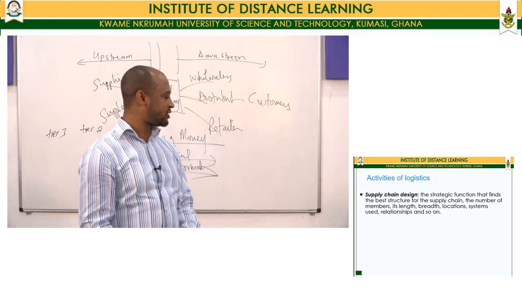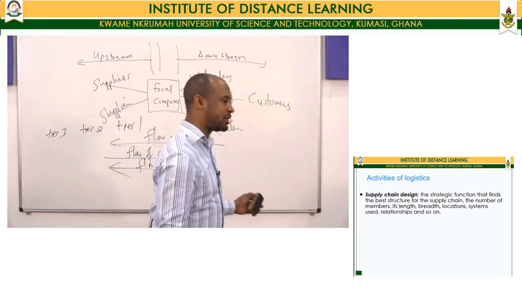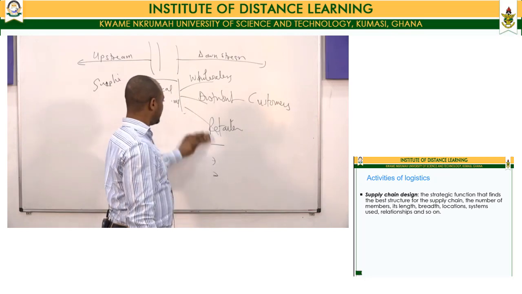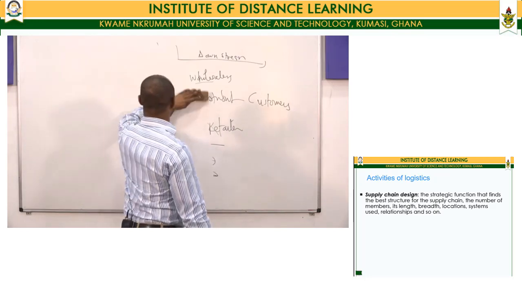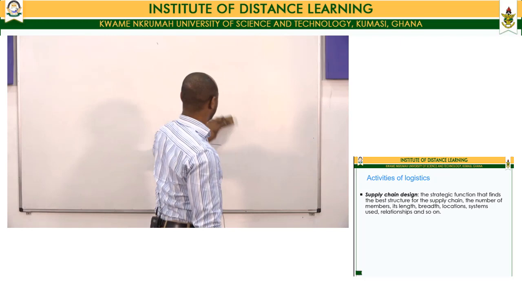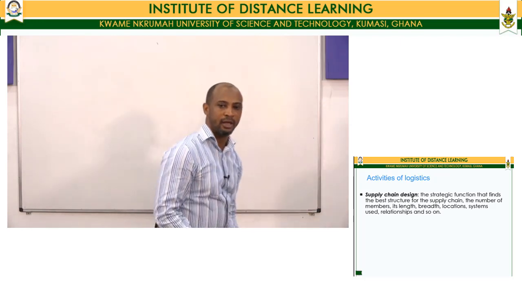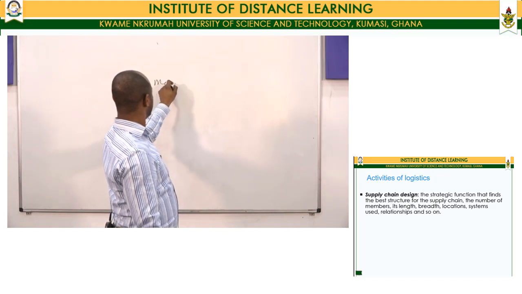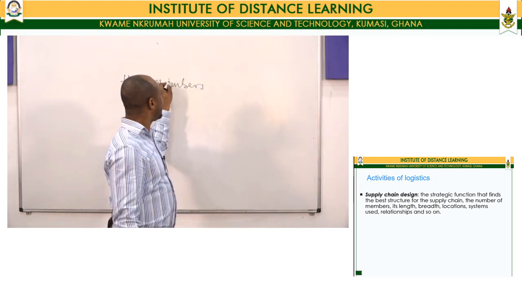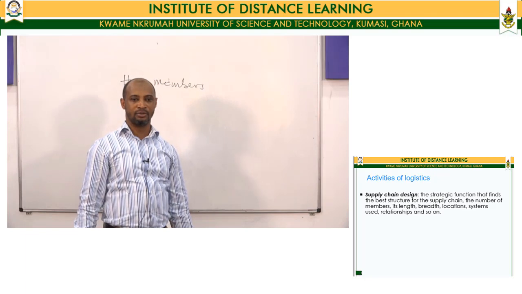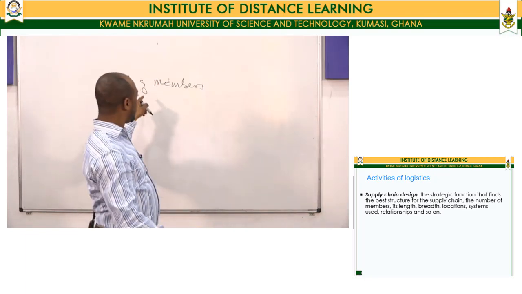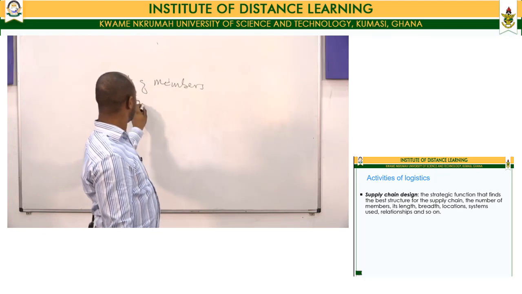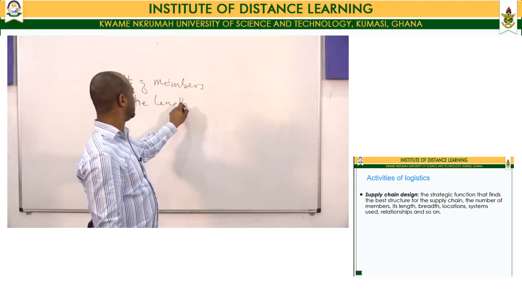When we talk about best structure, you see, best structure will normally take into account the number of members. How many actors should be in the supply chain? Don't forget the number of members will give rise to what? The length. The length of the supply chain.